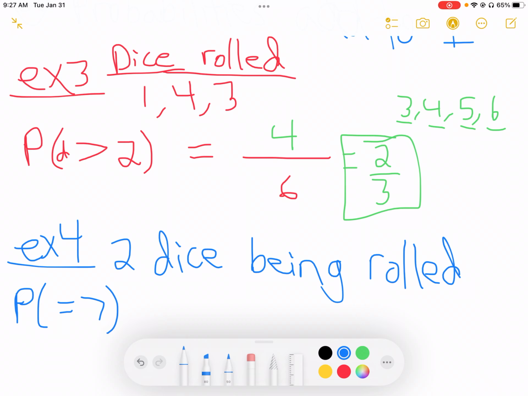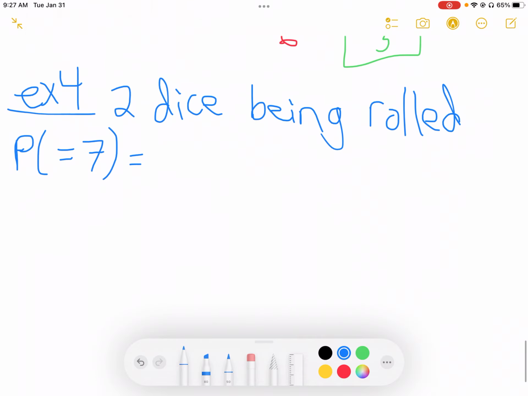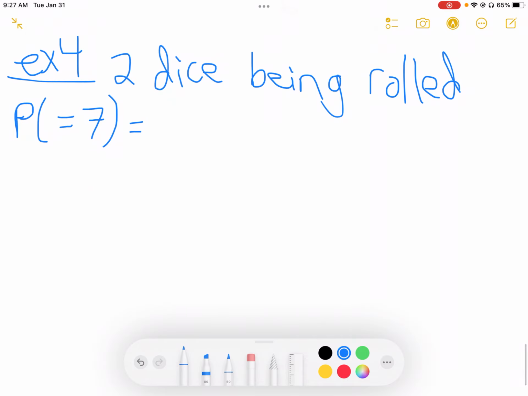It doesn't look like a 7 very well. Okay, let me fix this here. 7, and I'll put a line through it. So probability that the sum equals 7. Okay, well there's 2 dice here, so 2 dice are being rolled. I've got a little bit more complicated things going on, but I can think of situations. I can do a 6 and a 1. I can do a 5 and a 2, something like that.